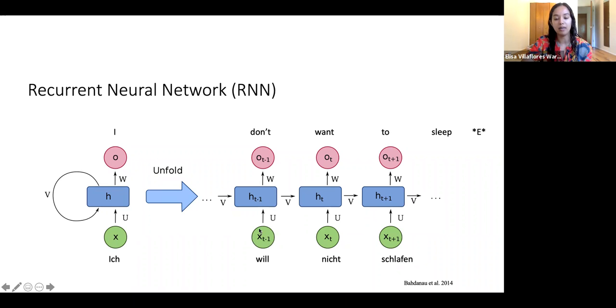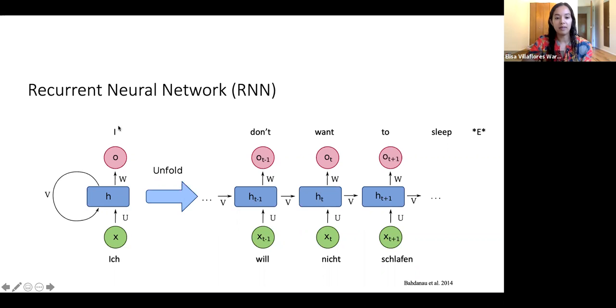Basically, each position of the sentence will take in the input word in German and give out the output word in English. But there's a challenge to this. In this case, "ich will nicht schlafen" in German literally translates to "I want not sleep."